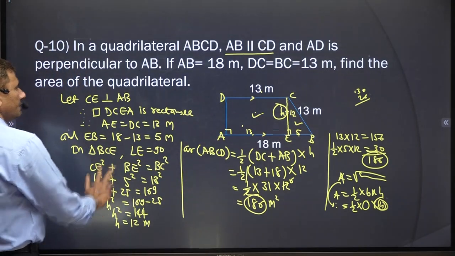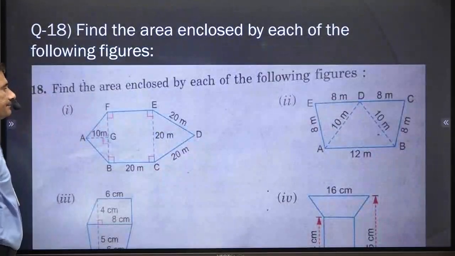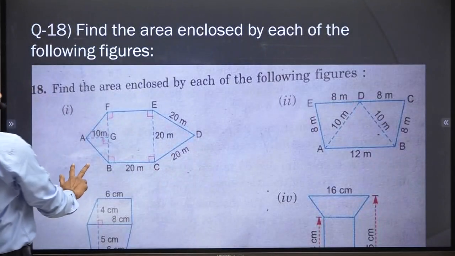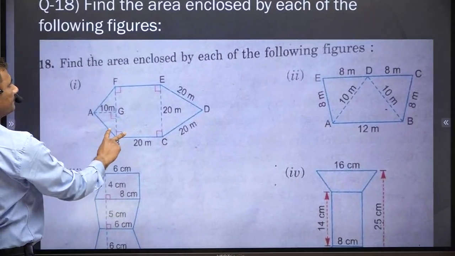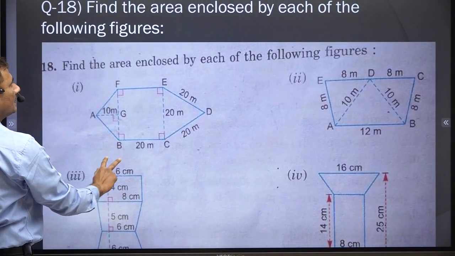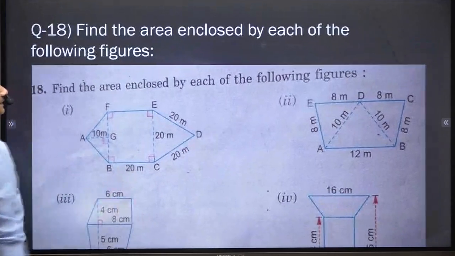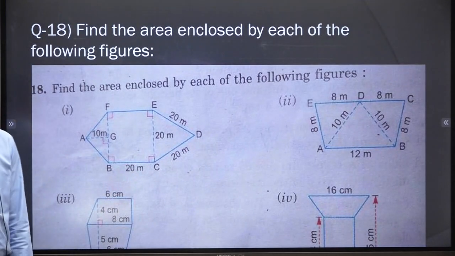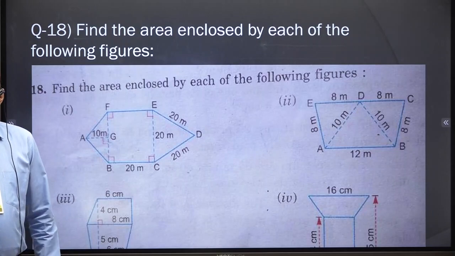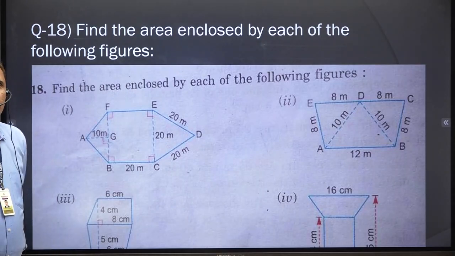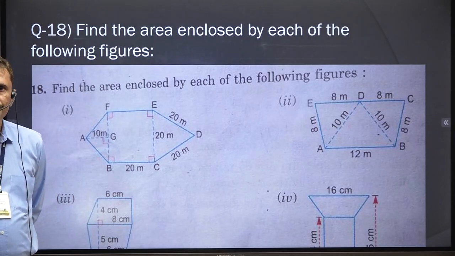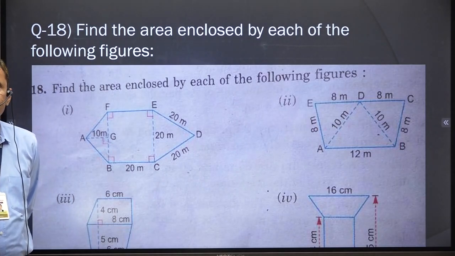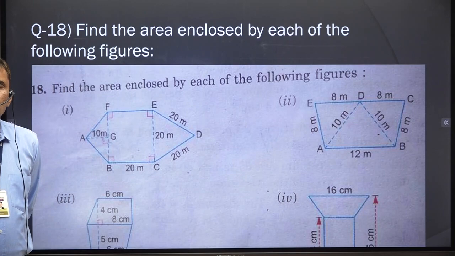Now look at number 18. Okay, so there are so many figures you can see. Let's see first of all the initial two figures. In the first one, actually there are 1, 2, 3, 4, 5, 6. It is a hexagon.